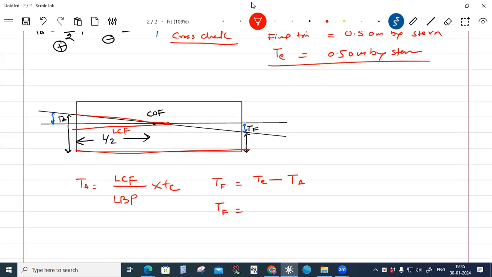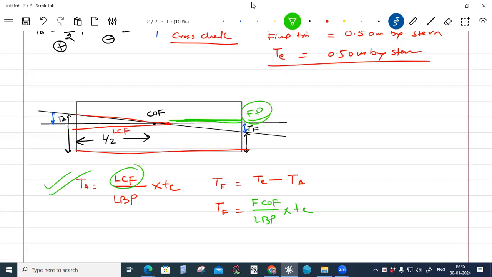Instead of LCF, you take the distance from forward, the forward center of flotation, divided by LBP into TC. Either you take this distance from the forward perpendicular, but usually everything is given from the aft perpendicular. That's why we are using the term LCF.